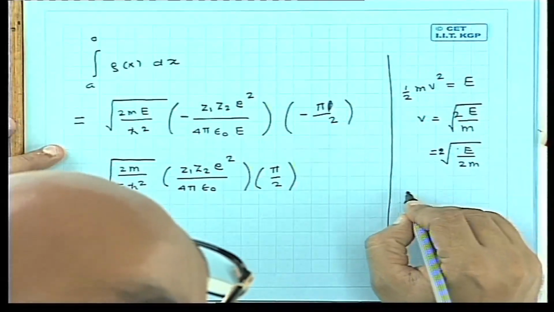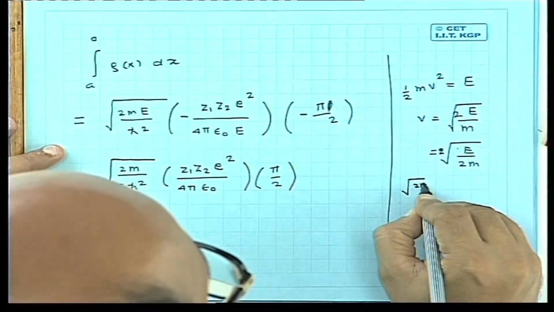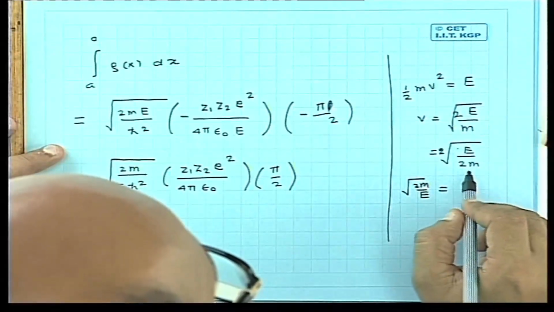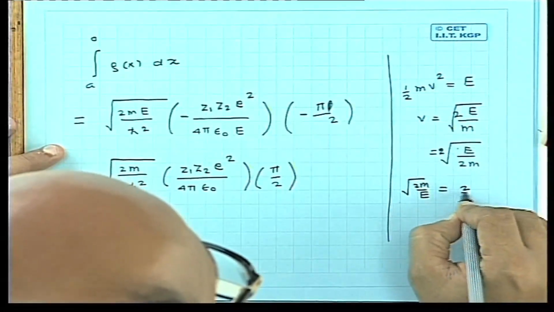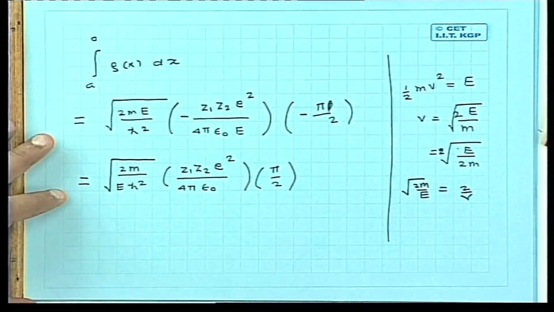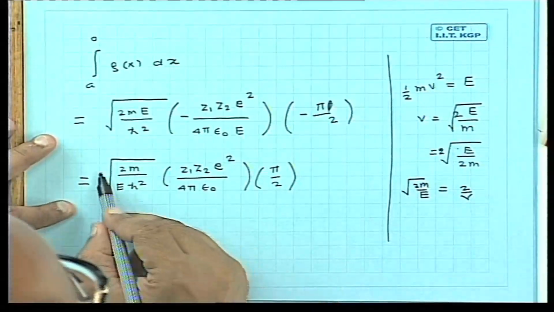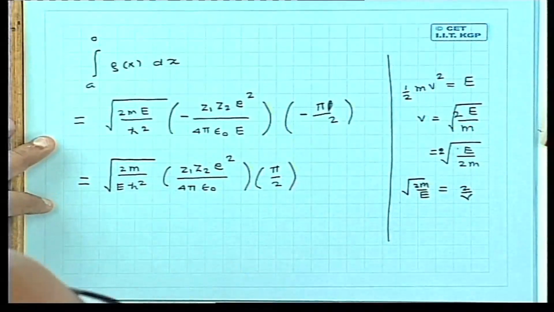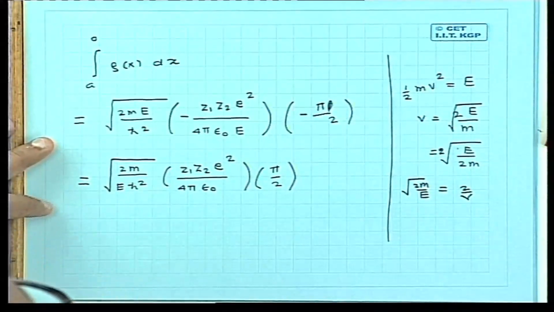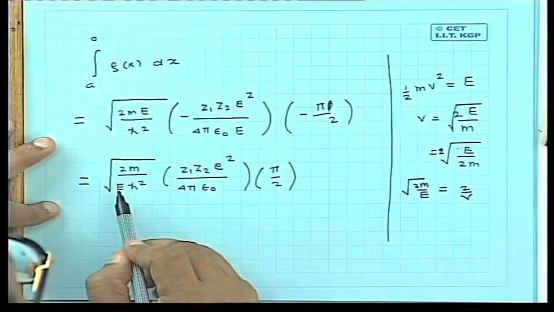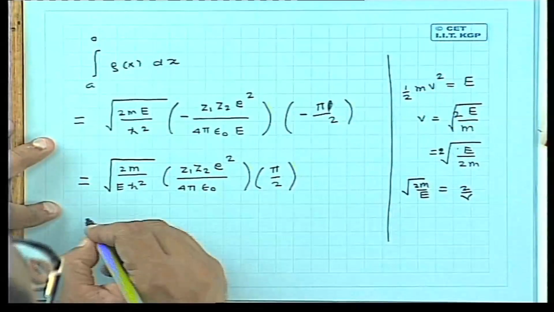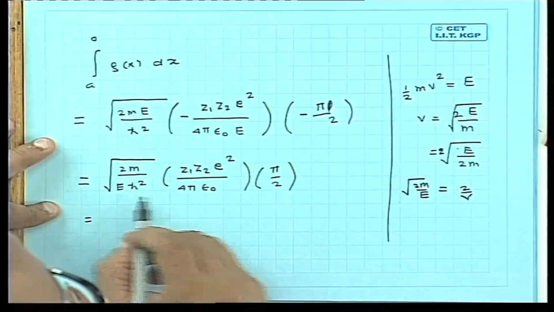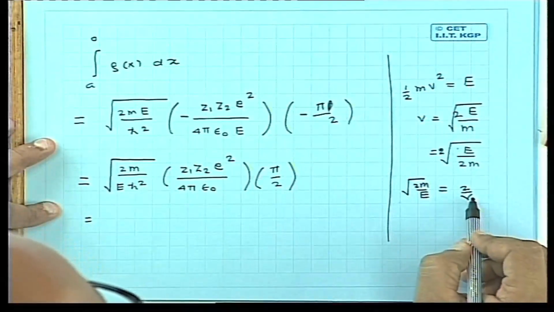So square root of 2m by e is equal to 2 by v. So this factor over here, 2m by e h cross square, becomes equal to, there's a factor of 2 which comes in over here.